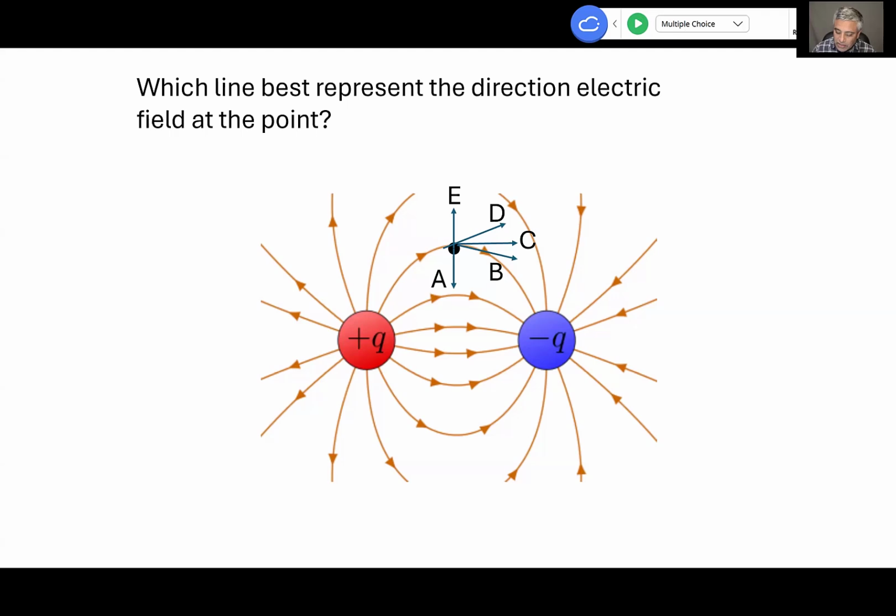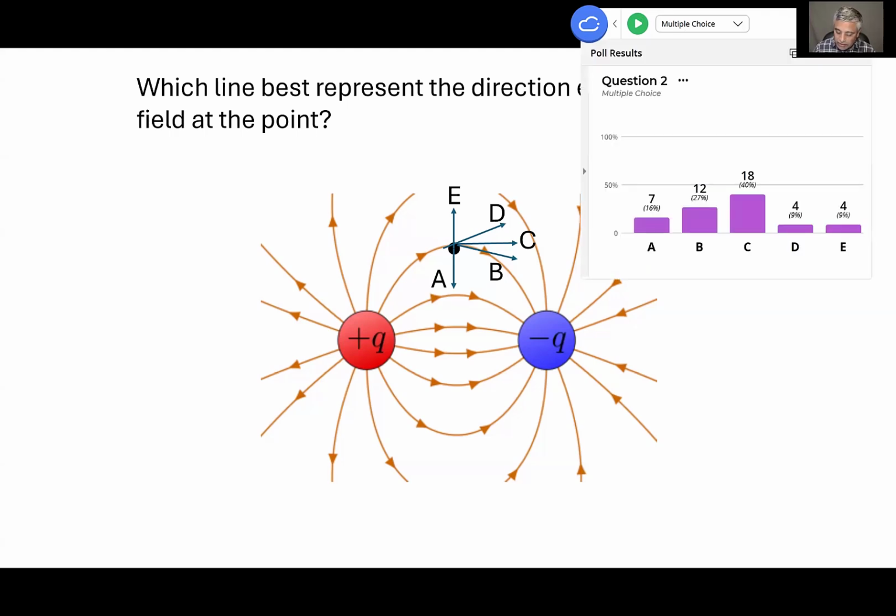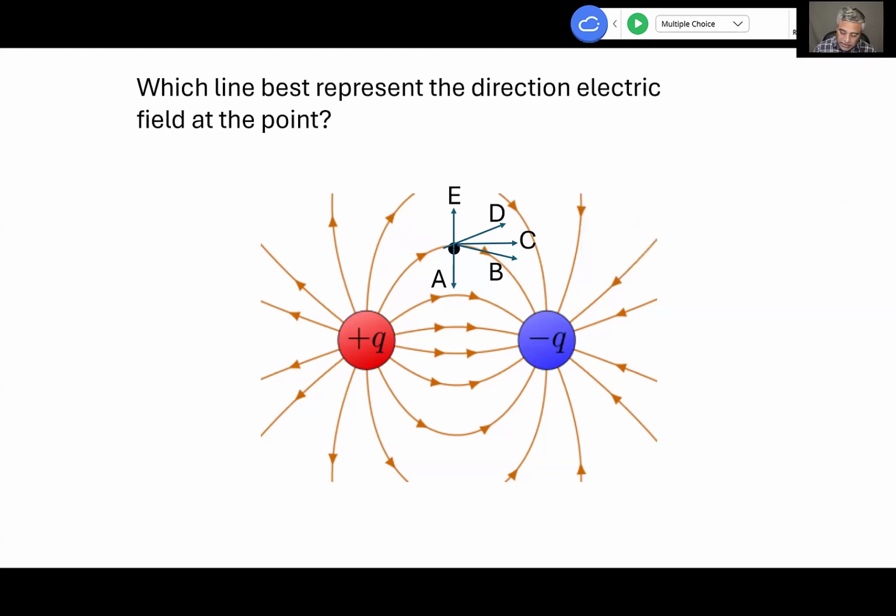Okay, let's see what we got here. So we got all of them. But the correct answer is C in this case, just like we just discussed. At this point, you draw a tangent line, and the tangent line is going to look like that.